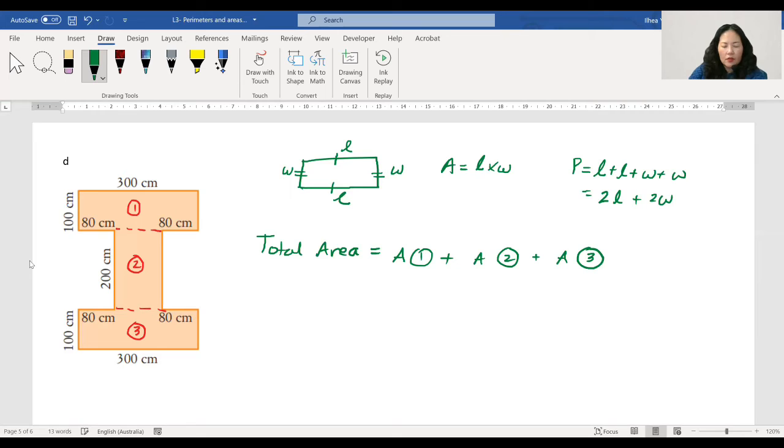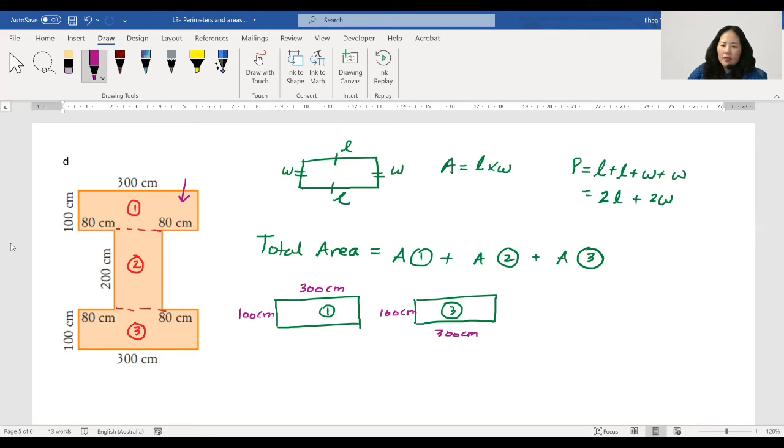But before we do that, I want you to have a look at area 1 and area 3. I can see that area 1 and area 3 are the same really.